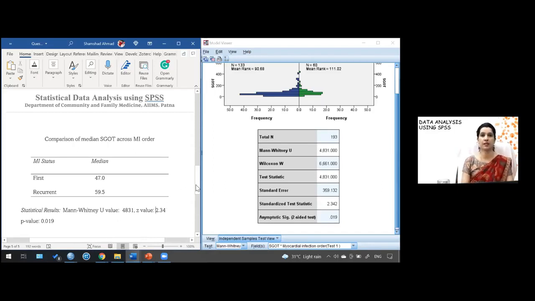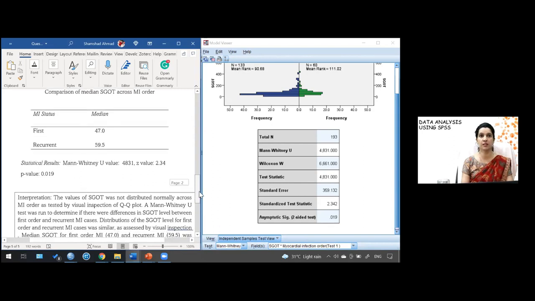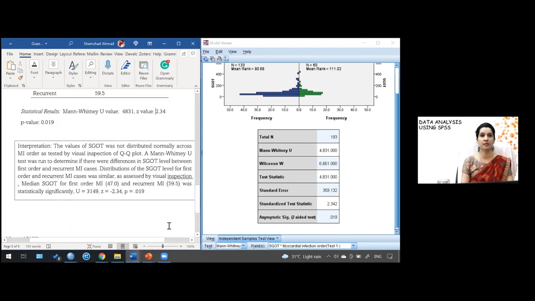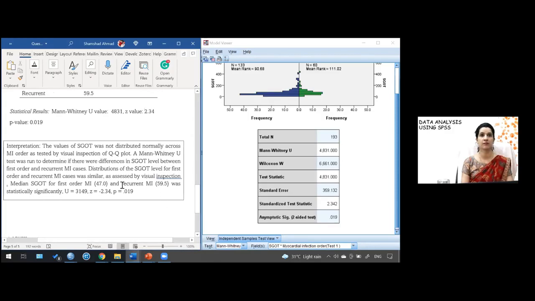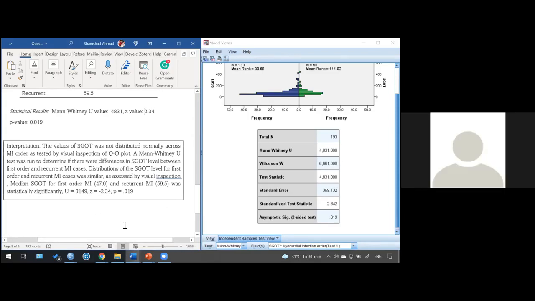This is the interpretation. One of you can read this interpretation. The values of SGOT were not distributed normally across myocardial infarction order as tested by visual inspection of QQ plot. A Mann-Whitney U test was run to determine if there were differences in SGOT level between first order and recurrent MI cases.